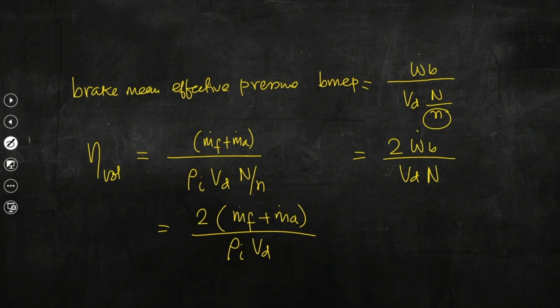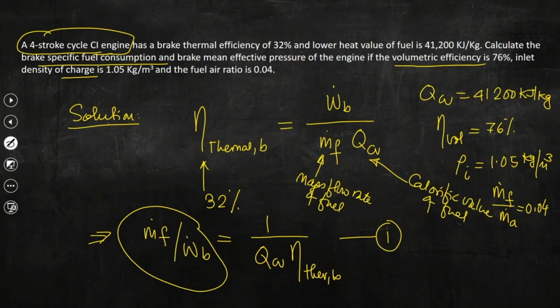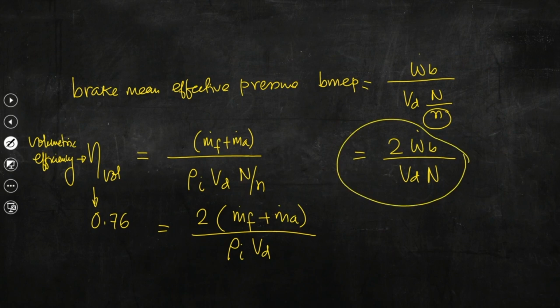The volumetric efficiency is given, if we go back to the previous slide, 76%. So, I am writing here, this is 0.76. Remember that we need to calculate this quantity, brake mean effective pressure.